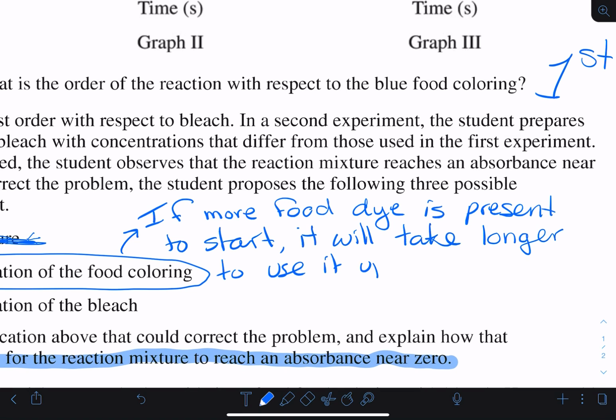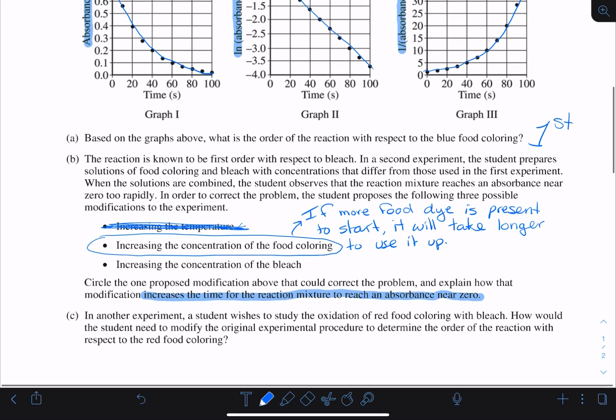So we simply have more stuff. We're starting at a higher concentration, which also means we would start at a higher absorbance. So it's going to take us longer to get down to an absorbance that's near zero.